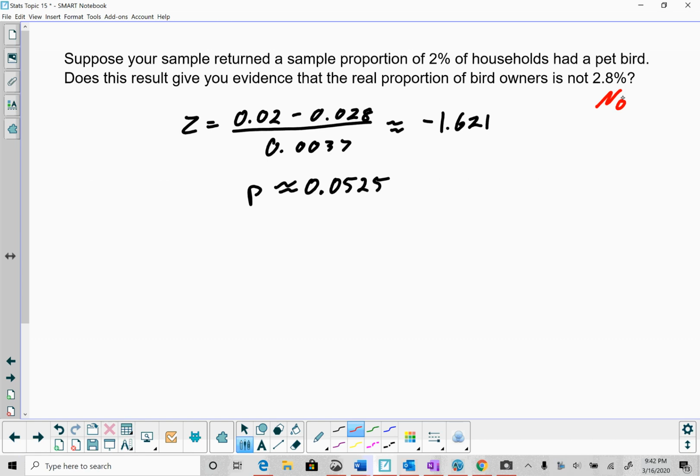Although this outcome is pretty close to, I think we have previously defined a probability of 0.05 as rare. This turned out to be a little bit above that standard. So do we have evidence that the real proportion of bird owners is not 2.8%? No, we don't. We don't have a reason to suspect that it is false. Okay, hopefully that all makes sense.